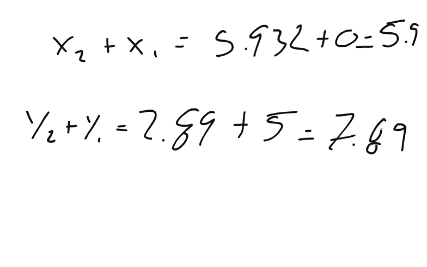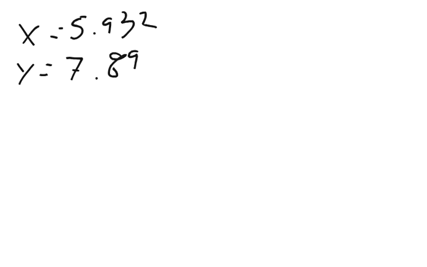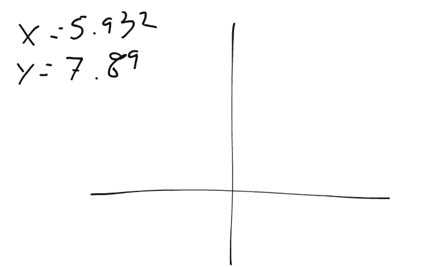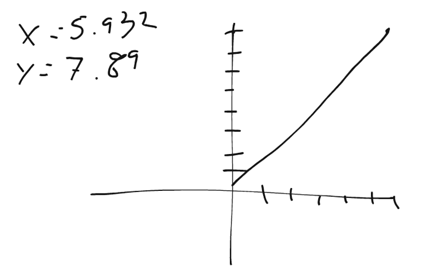That tells me that my x value is 5.932 and my y value is 7.89. So I go over 1, 2, 3, 4, 5, 6, and up 1, 2, 3, 4, 5, 6, 7, 8 to 7.89, and I trace these out, and I know that that's my resultant vector.